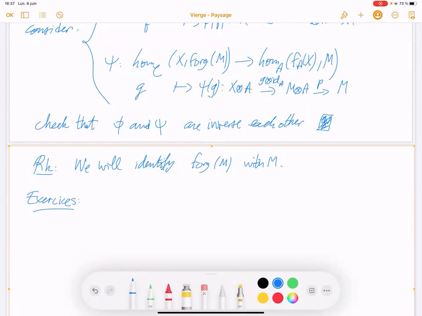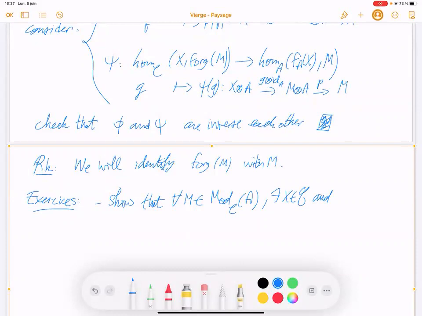So first exercise, show that for all A modules M, there exists an object X in C, and in the book they wrote a surjection.